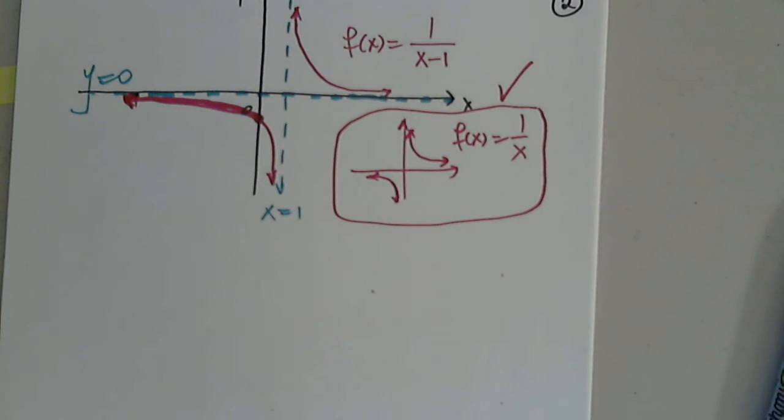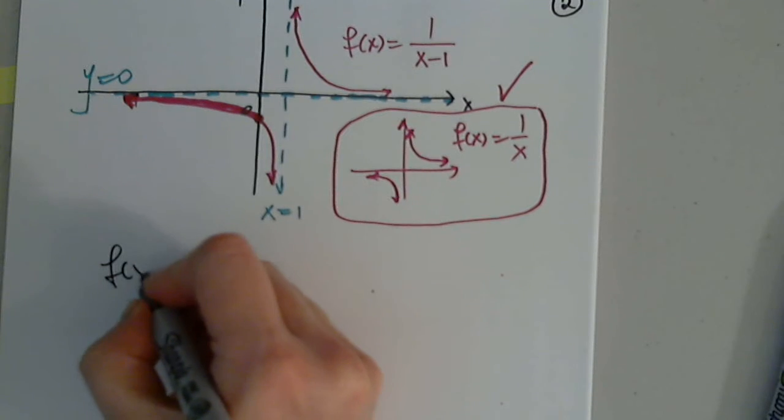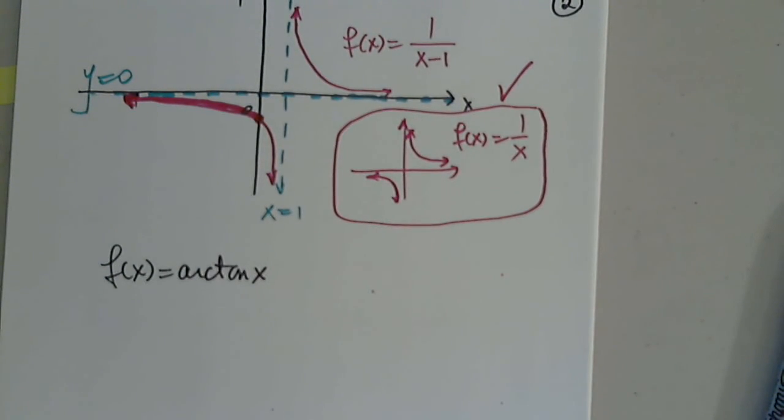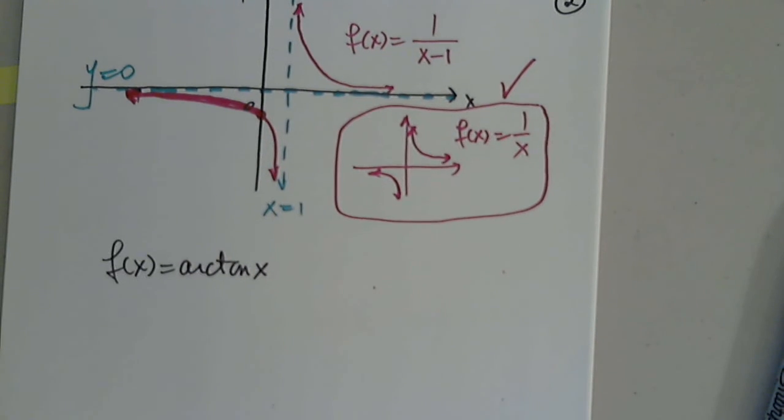I want to talk about the arctangent. So f of x equals arctangent. What does arctangent mean, and is there another way of writing arctangent? Let's say India, give it a shot. Is there another way of writing arctangent, and what does it mean? I don't know. That's okay.